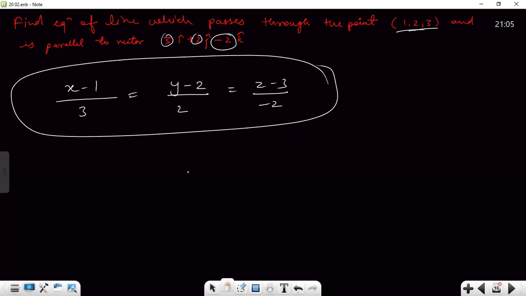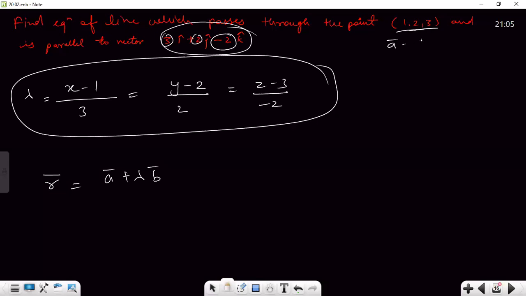So if we have to find it in the form of a vector, then we'll simply write r vector is equal to a vector plus lambda b vector. Now what is the b vector? It is this.